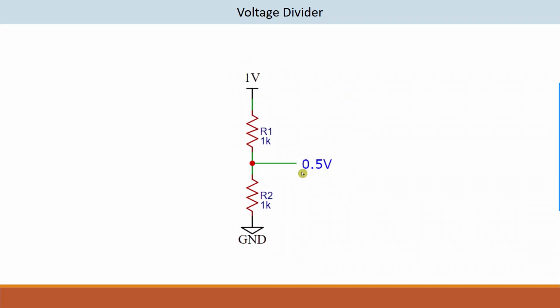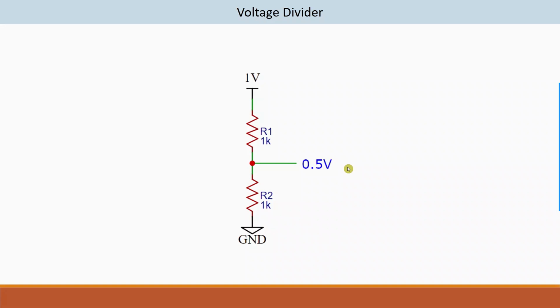Because R1 and R2 are equal, R1 1k and R2 1k, we are getting half of the input voltage. So this is the voltage divider. Here we are losing half across this resistor and we are getting the remaining half voltage at the output side.